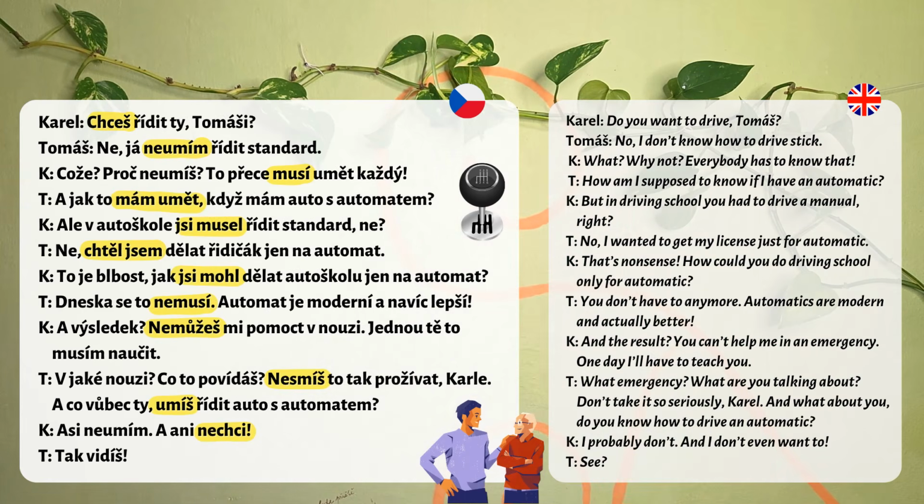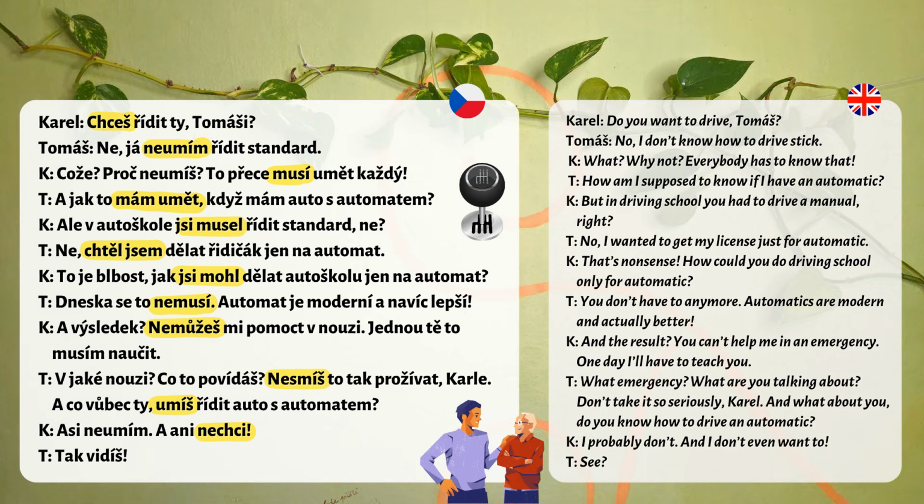Chceš řídit ty, Tomáši? Ne, já neumím řídit standard. Cože? Proč neumíš? To přece musí umět každý. No, jak to mám umět, když mám auto s automatem? Ale v autoškole si musel řídit standard, ne? Ne, chtěl jsem dělat řidičák jen na automat. To je blbost. Jak jsi mohl dělat autoškolu jen na automat?